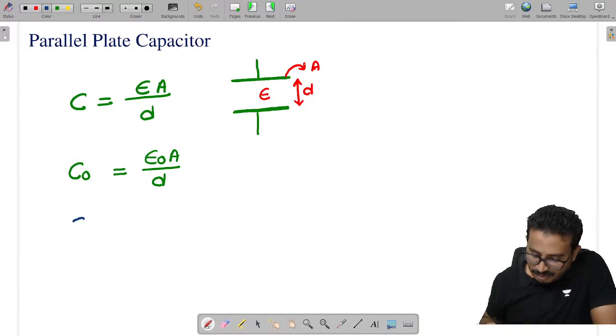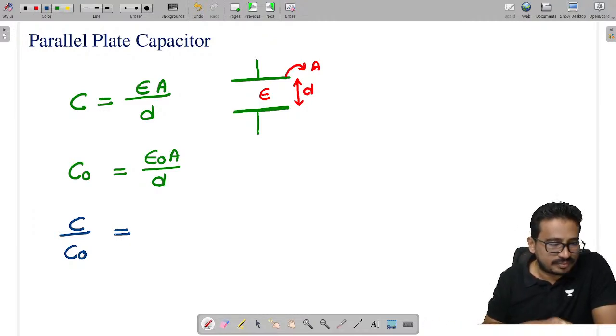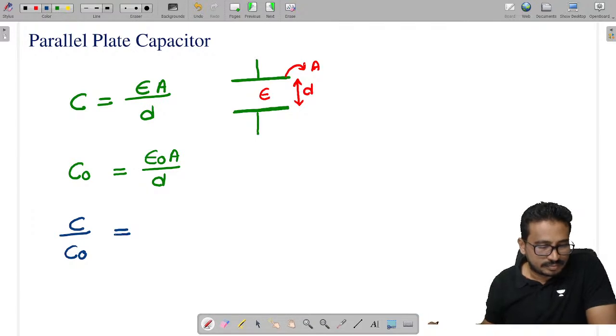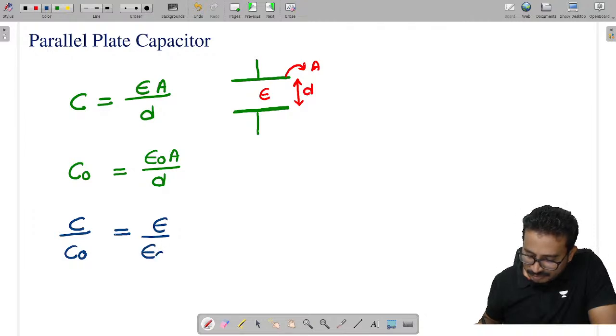Now can you tell me what C by C naught will be? Tell me all of you. Yes, it will be epsilon by epsilon naught, right?